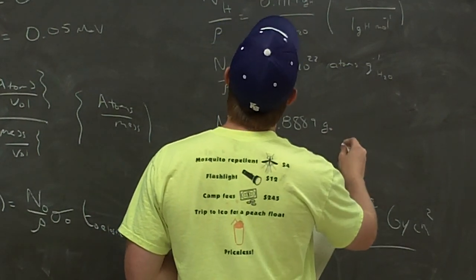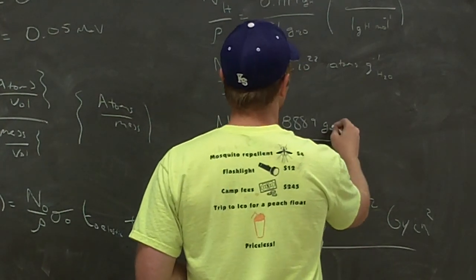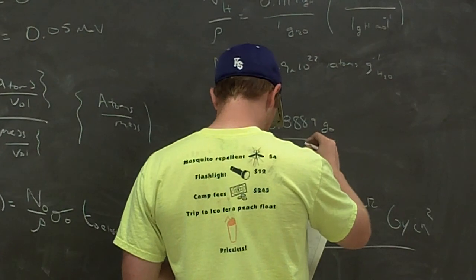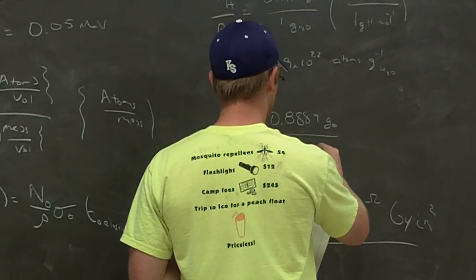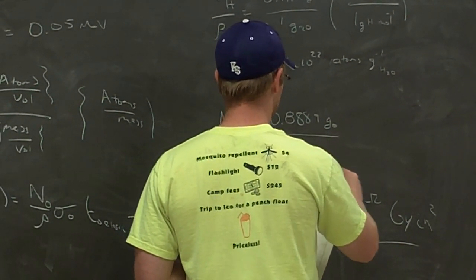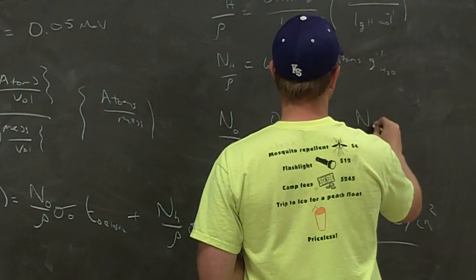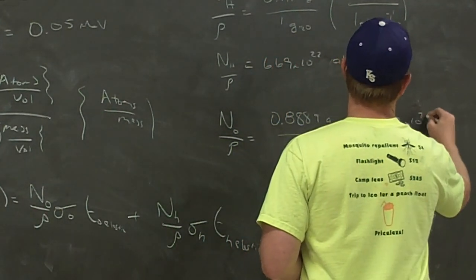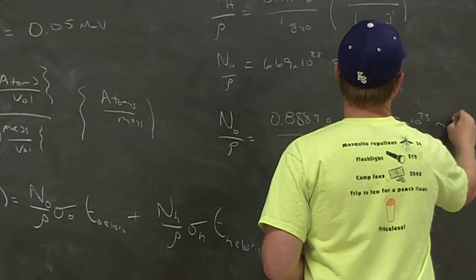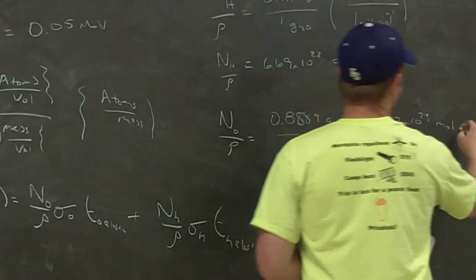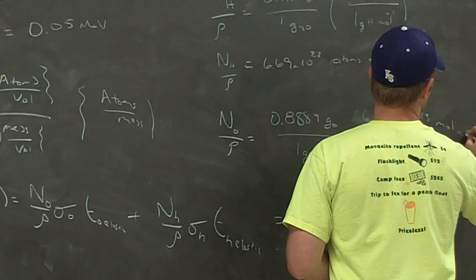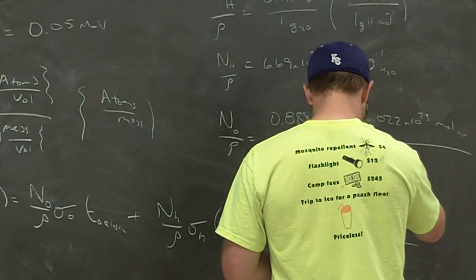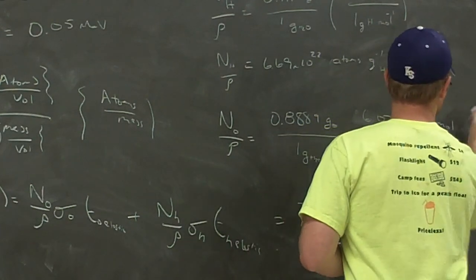Yeah, 8 over 9 grams of oxygen per 1 gram of water, times Na, which is 6.022 times 10 to the 23 atoms per mole of oxygen.